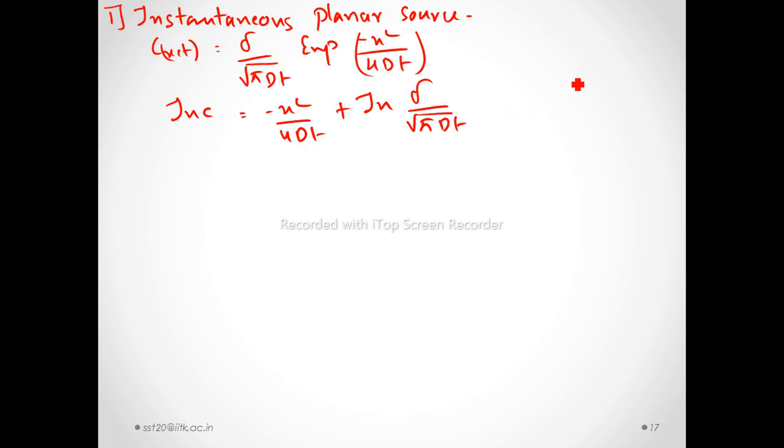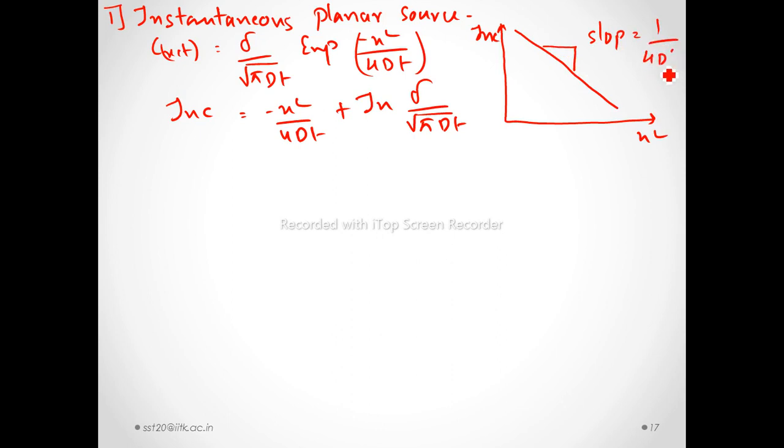When we draw the graph between ln C and x square, we'll get a straight line with a negative slope. The slope is 1 by 4Dt.